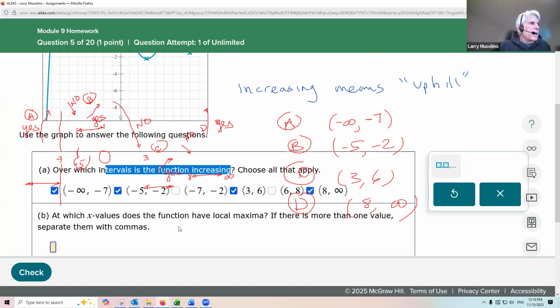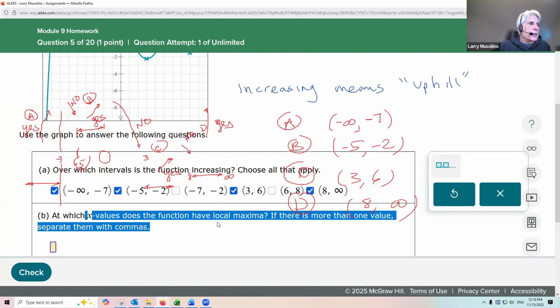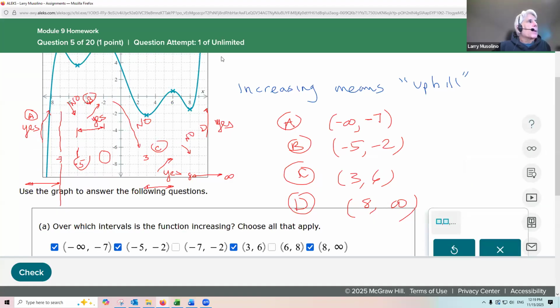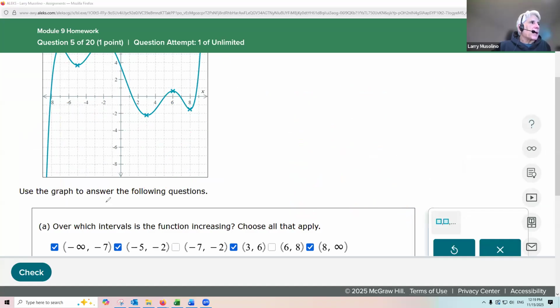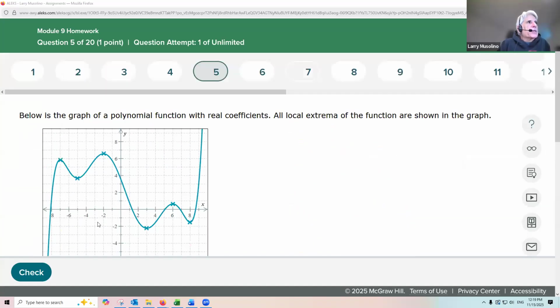Okay. Next, it says, at what x values does the function have local maxima? Well, maxima means, let me erase some of this. Maxima means the graph is reaching a peak. So let me label some of these points.